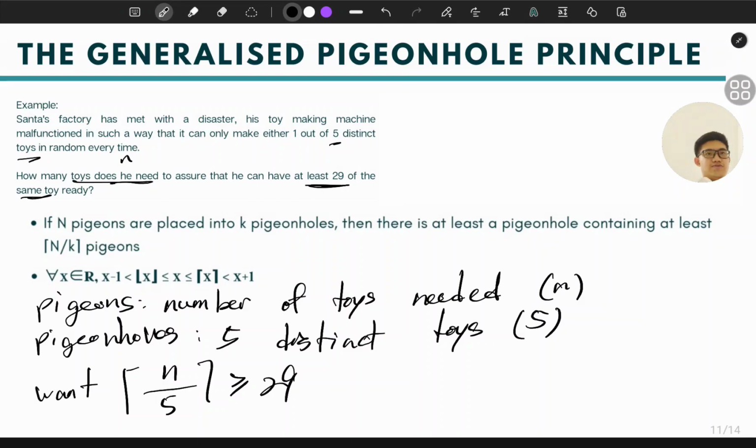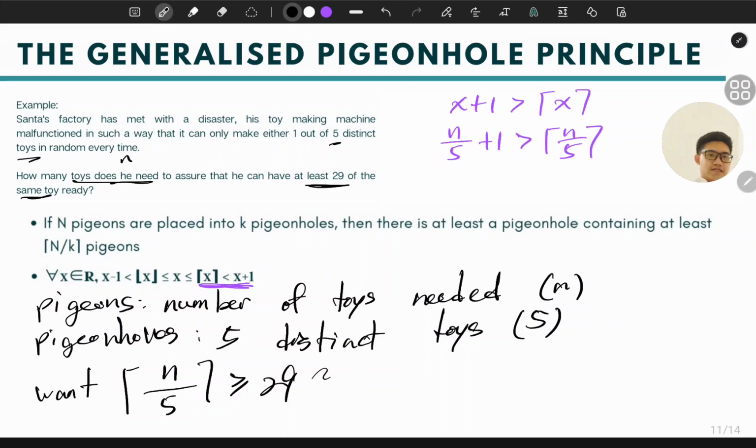So what you need to do is use this: we know that x plus 1 is greater than the ceiling of x. So this implies that n over 5 plus 1 is greater than the ceiling of n over 5.